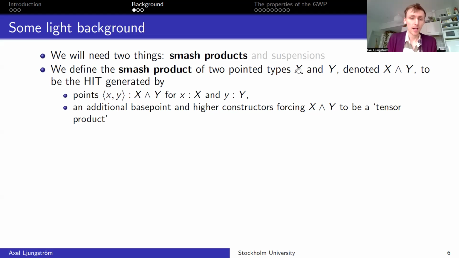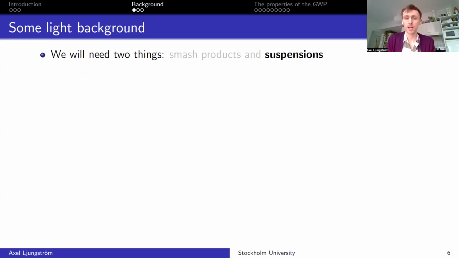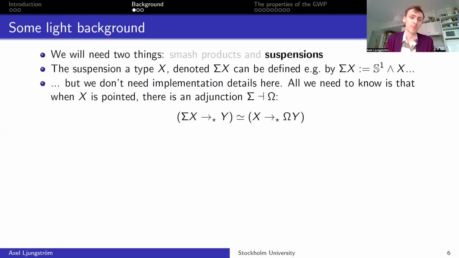All right, we will need suspensions. You can define suspensions in many ways. It's denoted by sigma x, if you haven't seen that before. For example, you can define the suspension of the type x as the smash product with a circle. But there are also more direct alternatives.